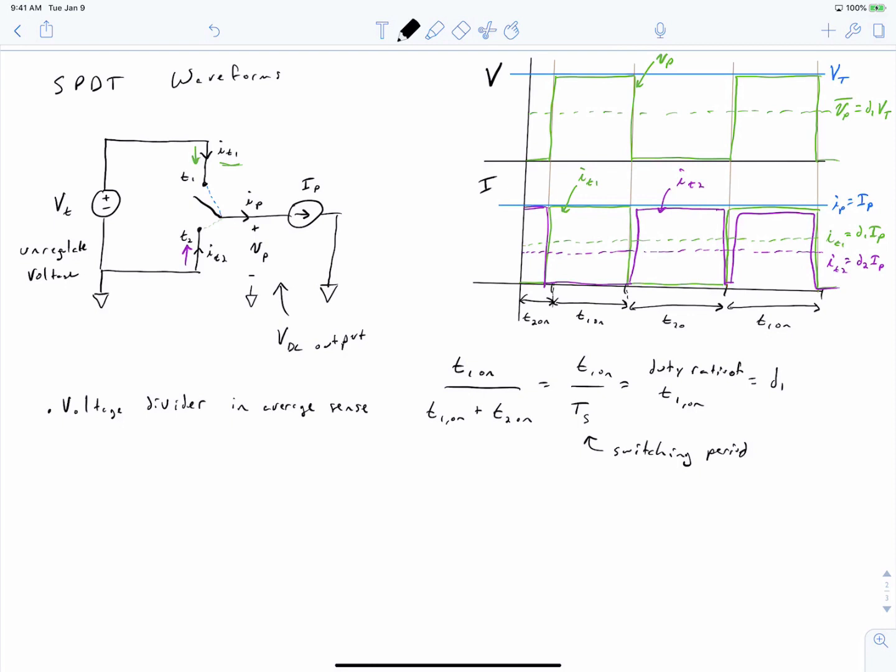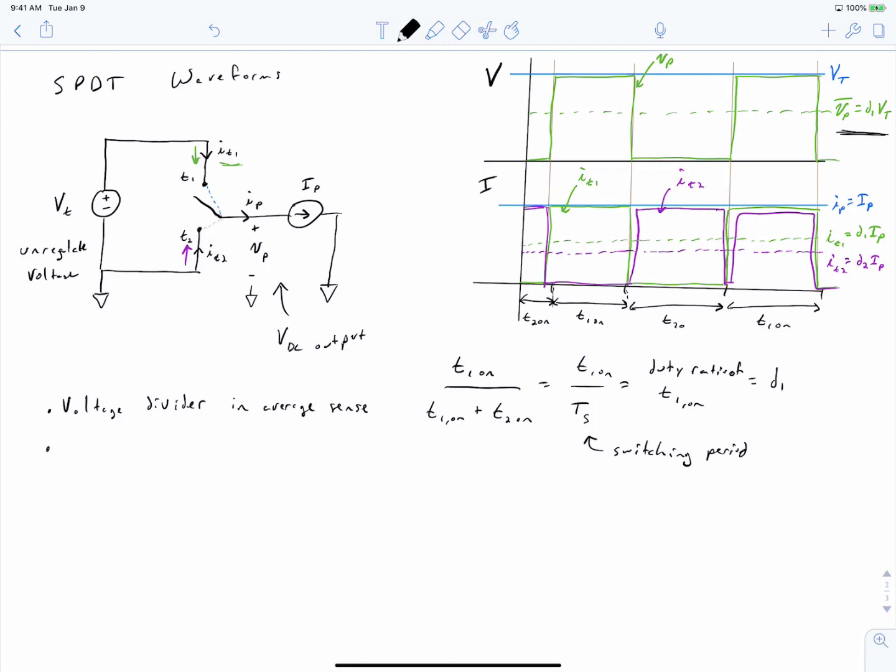But if we take the average of that pole voltage, we find that we can transform the value of it by selecting an appropriate duty ratio. So we can go between 0 volts, where D1 is 0, or the throw voltage, in which case D1 is 1. So this is similar to the linear regulator in that we're stepping the voltage down.